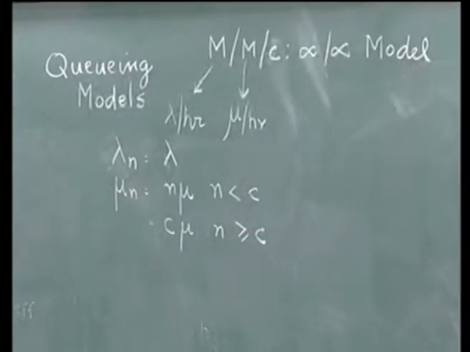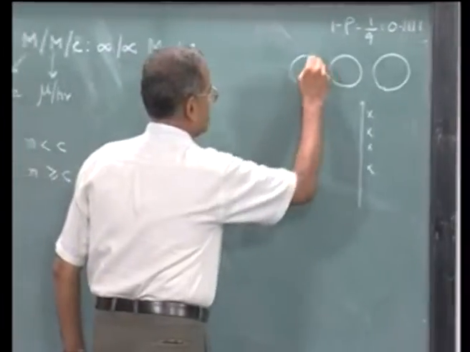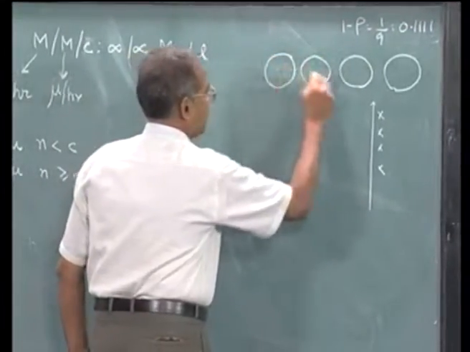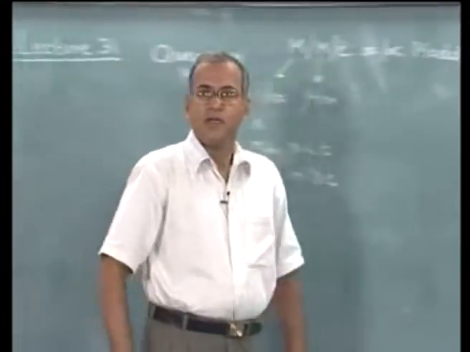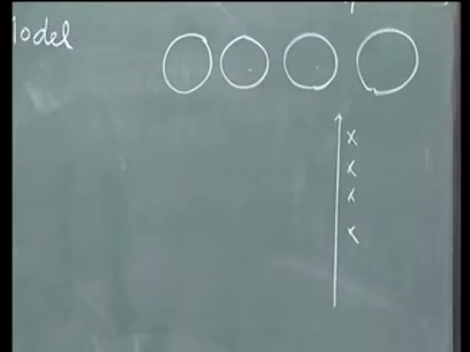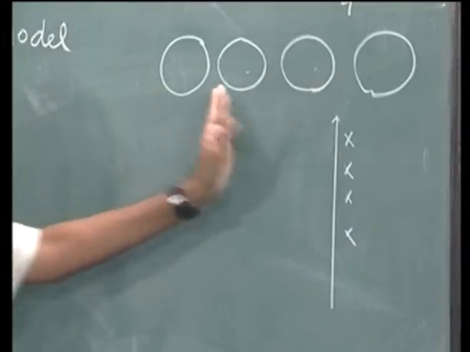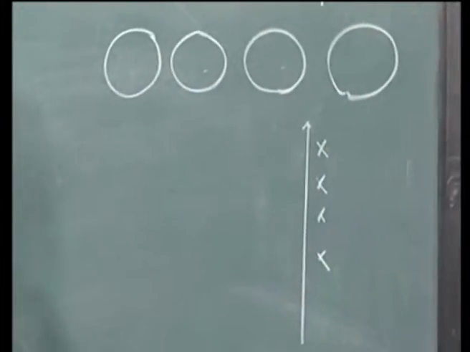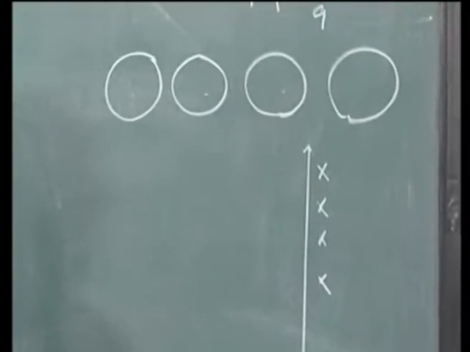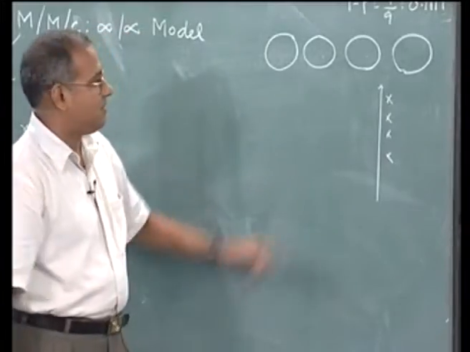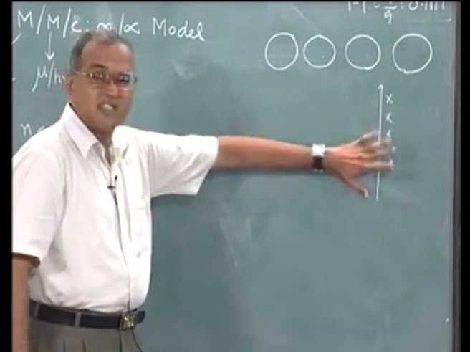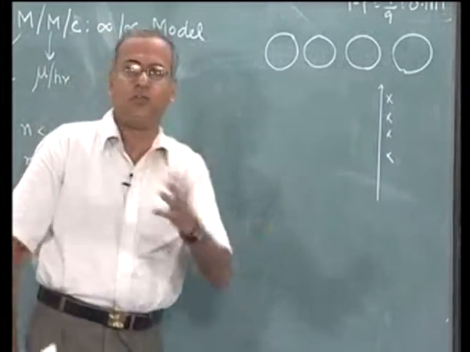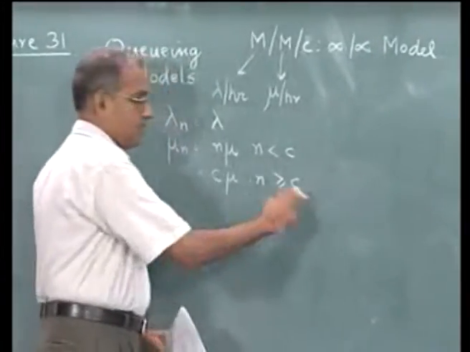Now, what do these equations tell us? Let us assume that there are 4 servers here. If we have 4 or more people in the system, the service rate is 4 times mu, because all the servers are busy. So, the service rate will be 4 mu, or c mu, when n, the number in the system, is greater than or equal to 4, which is what is given here.